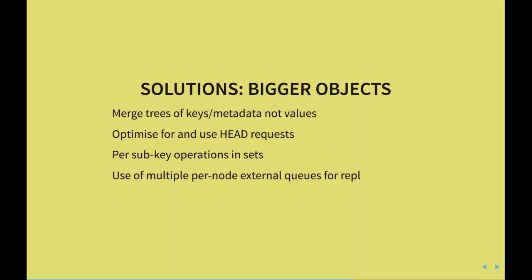Rather than transferring it 3 times over the network and getting the incast risk, we transfer it only once over the network. And then potentially we can also open up those head requests so that they're accessible from the application as well. So in situations where the application is perhaps only interested in whether or not an object's updated since it last read it, it can do a head request rather than a get request, and avoid pulling the whole object altogether.